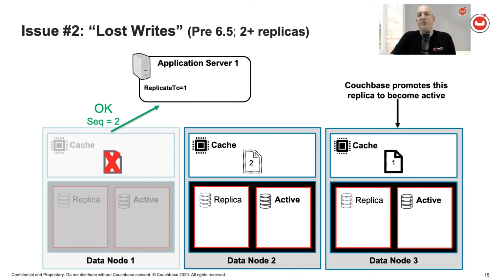So let's assume it is node 3 that gets selected. That will promote the older version of the document. And so if the application reads that document again, it will get the old version of the document. So in fact, we've lost the write that the application had initiated. If node 2 is promoted, the application will read the newer version of the document.